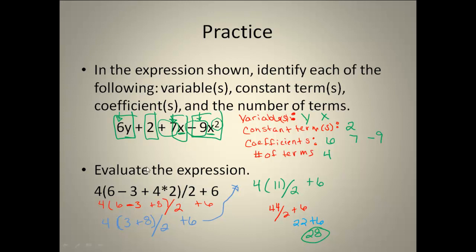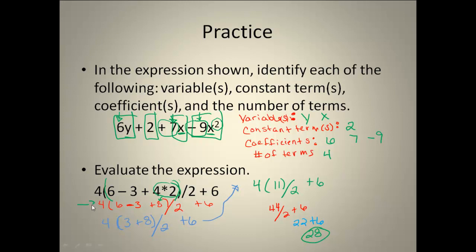For the bottom one, evaluate the expression. We start with parentheses. Well, now this one, the parentheses has a lot of stuff going on inside of there. So we have to do our order of operations within our parentheses. So within my parentheses, there aren't any more parentheses. There aren't any exponents. So I'm going to go to multiply and divide. Well, right here I have a multiplication problem. So I took 4 times 2 and I got 8.